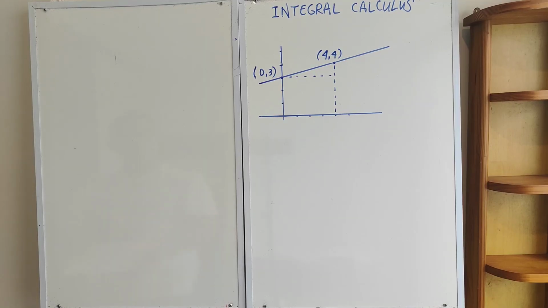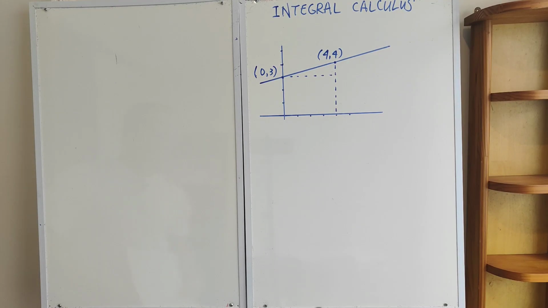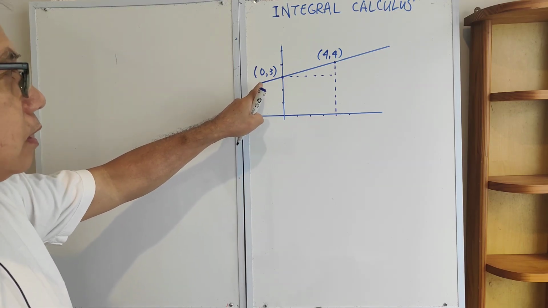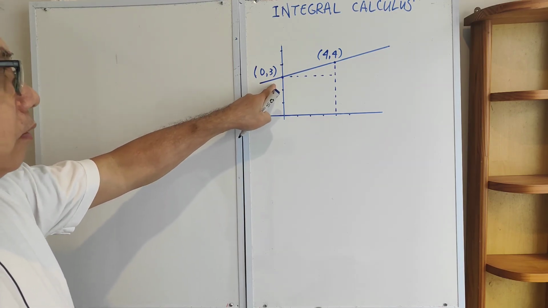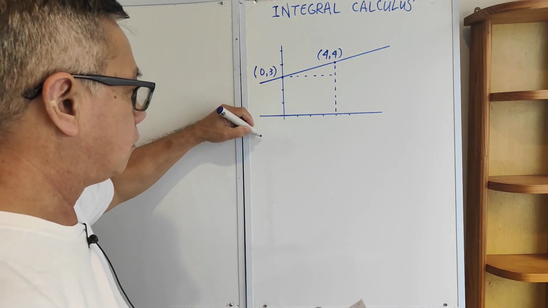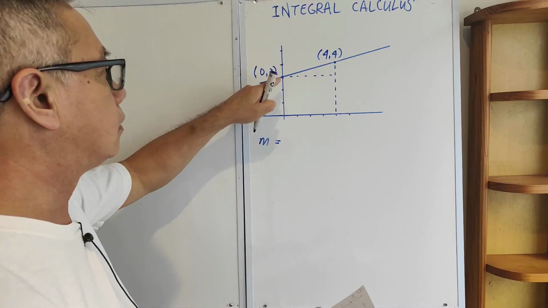Here is another example. We have a line passing through points (0, 3) and (4, 4). We can get the equation of the line by solving first for the slope, and we know the y-intercept is at 3. For the slope, we have the rise over the run.